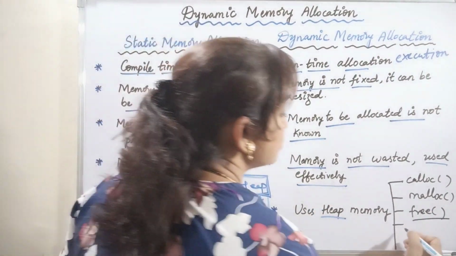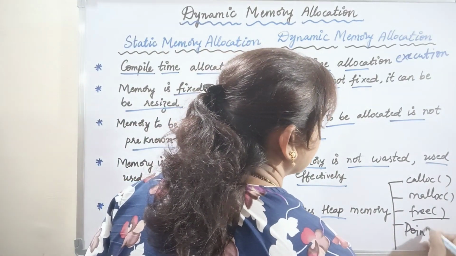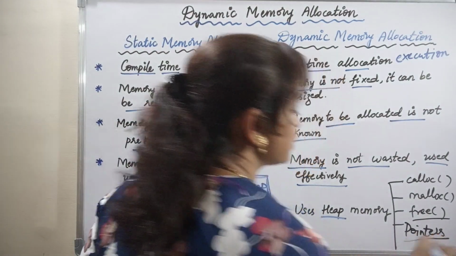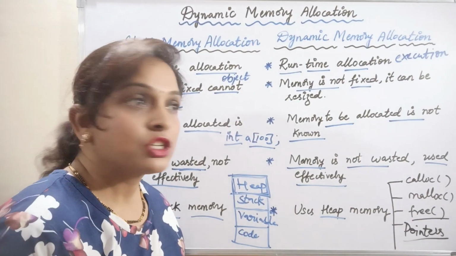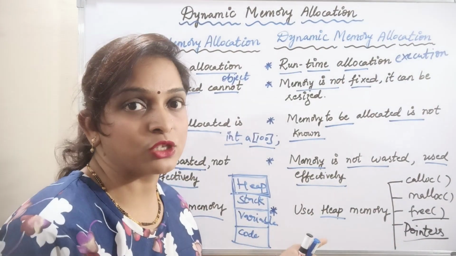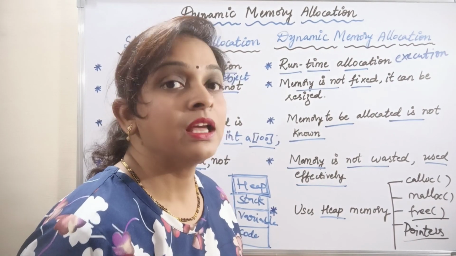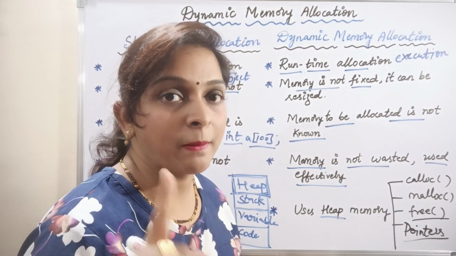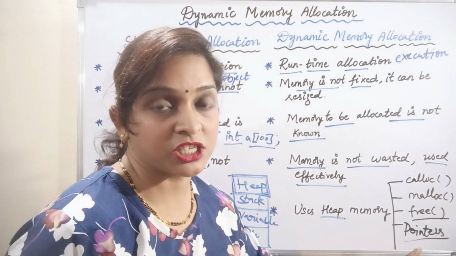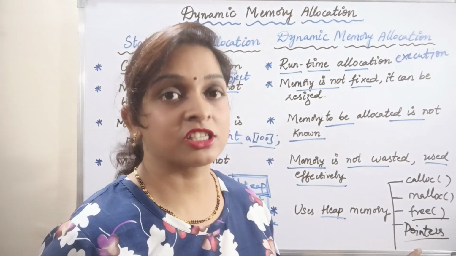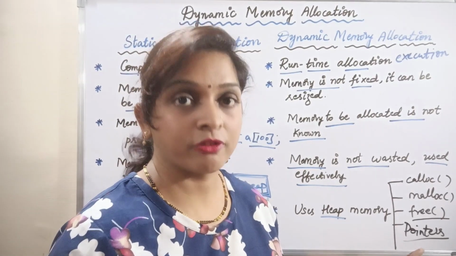Then we also use pointers here. Pointers are very much required to deal with the memory. During runtime we allocate the memory randomly, and the randomly allocated memory can be managed only by pointers. So we make use of pointers. I have a separate video for pointers.